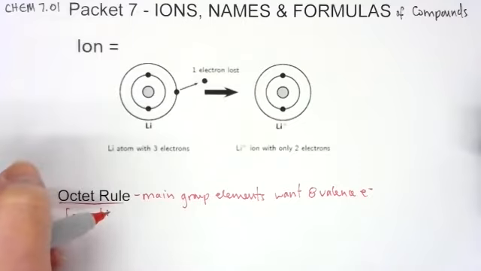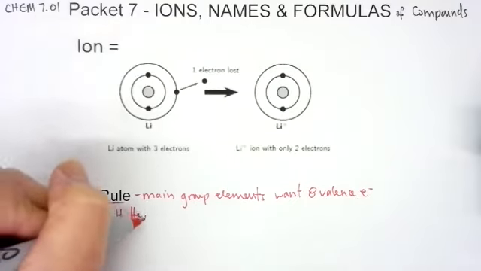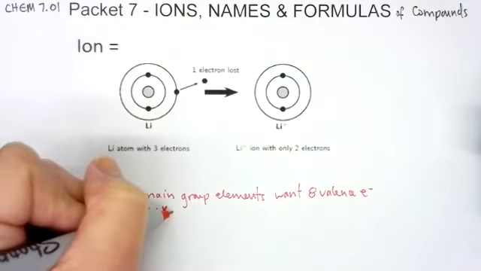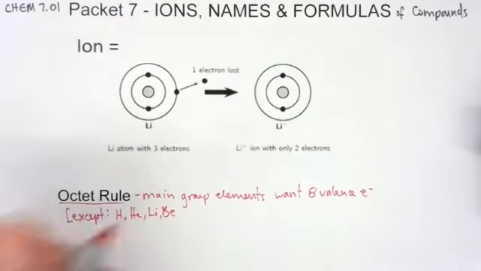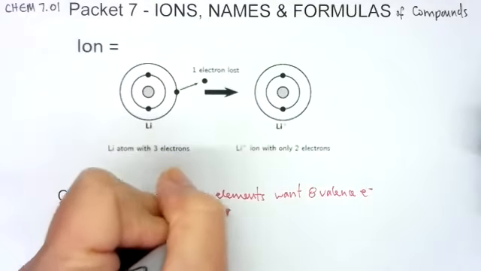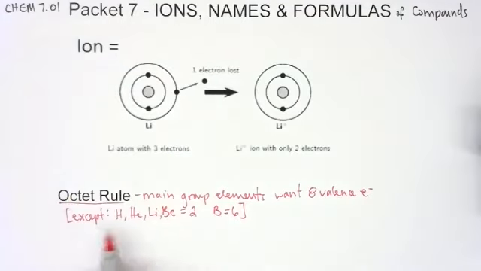If we look at hydrogen, helium, lithium, and beryllium, they only have an s orbital, so they're going to be 2, and boron is 6, because we don't have enough orbitals yet to get up to the 8. But everything after boron wants 8 valence electrons.